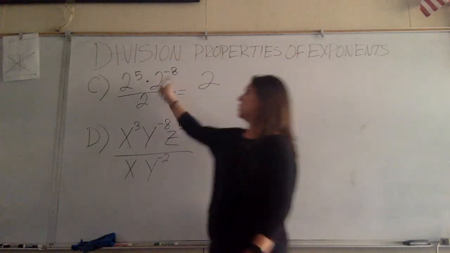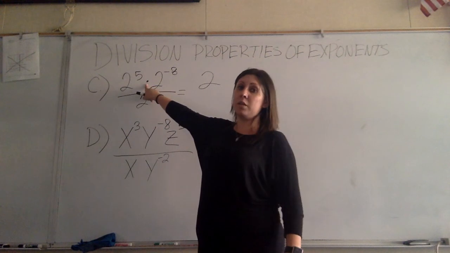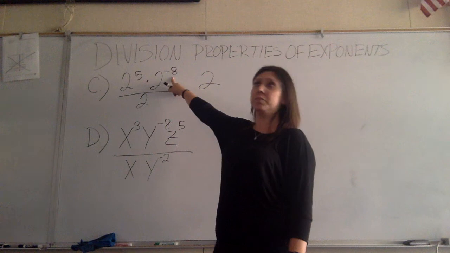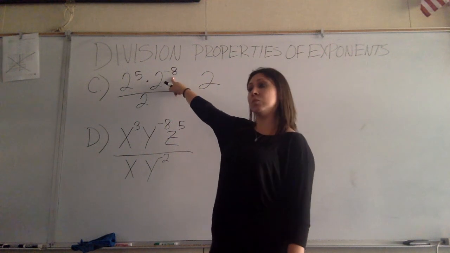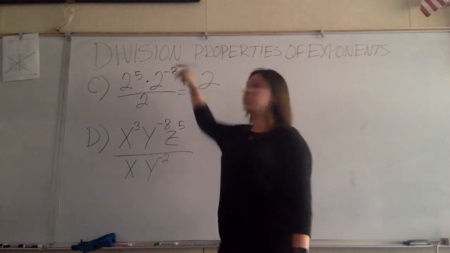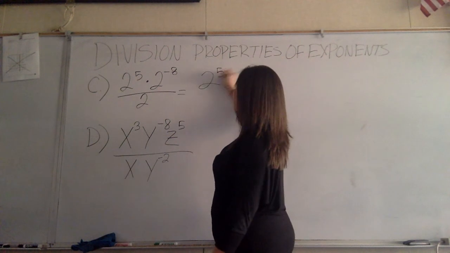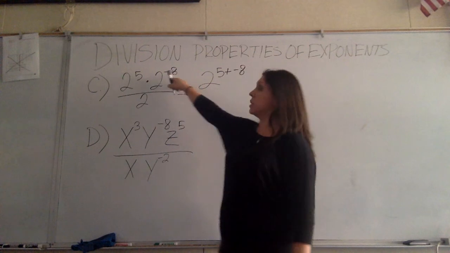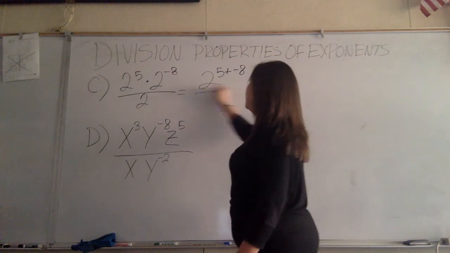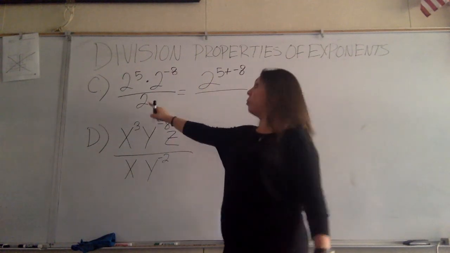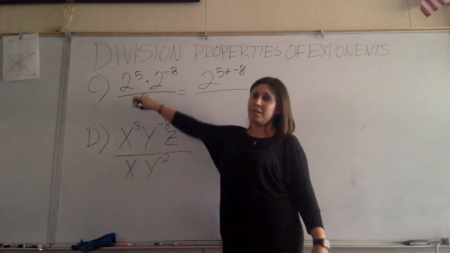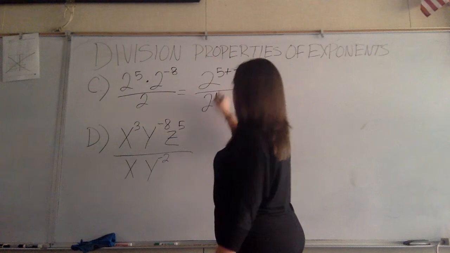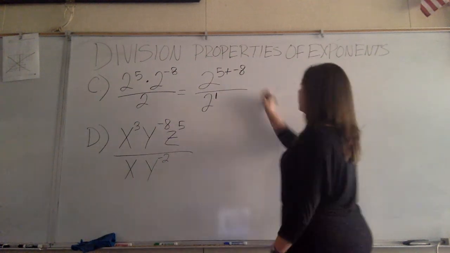If I have bases being multiplied in the middle, what do I do with my exponents? You're going to add them. So plus a negative 8, because that is negative. On the bottom, I just have a 2, but let's put in that exponent that's not there, just to save us some time later. So we're going to add that 1.